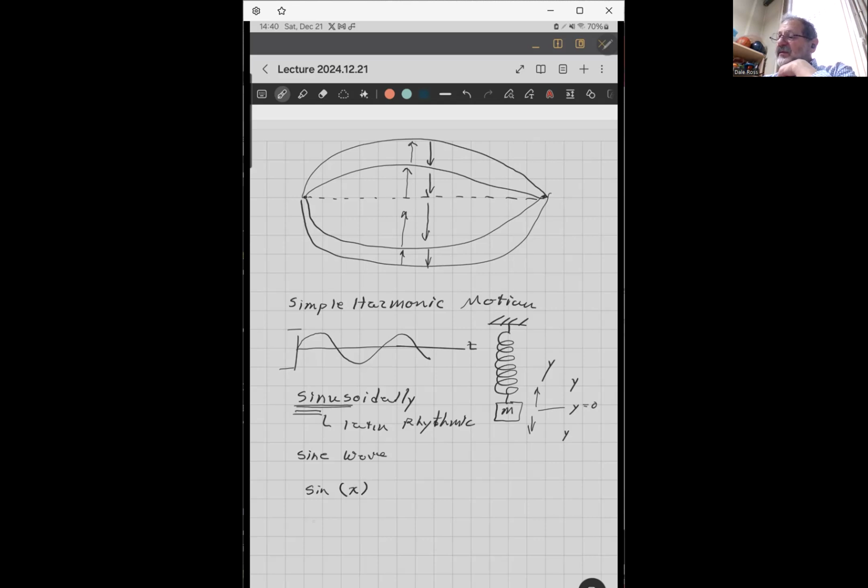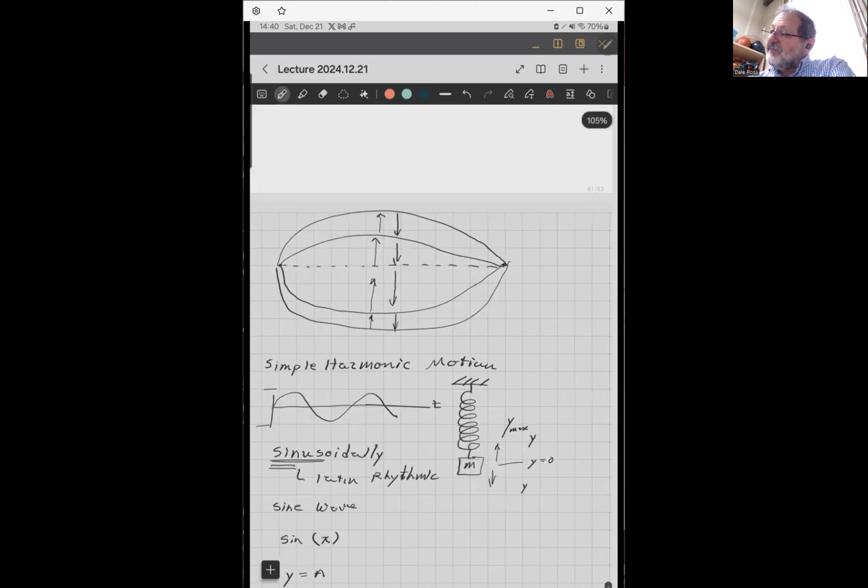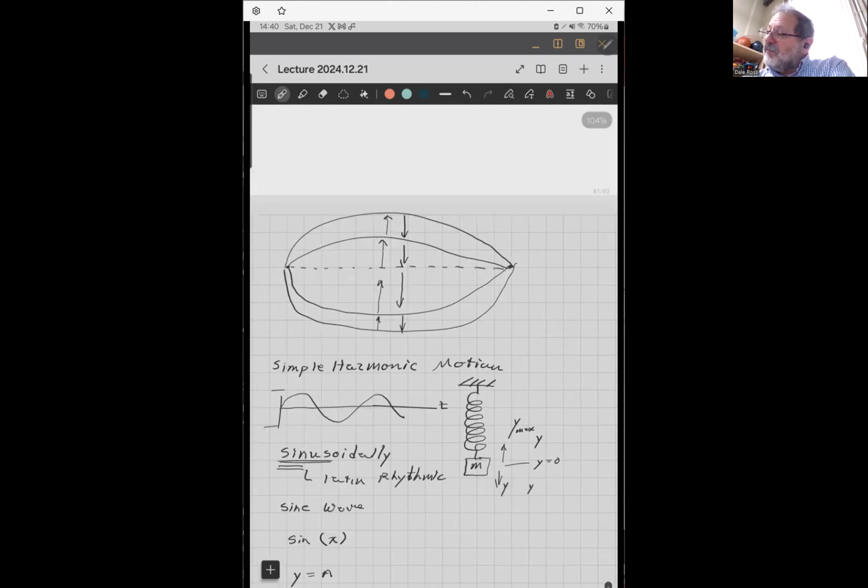Now it turns out that things that change position, whether it's x or y, in this case the spring, will go up to a y max, and then sorry about that, a y min. Okay.